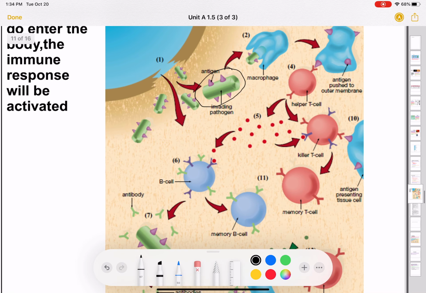So right here, these are the antigens, and these helper T cells, those are the ones that are going to sort of find the missing piece in the puzzle to click those together to help the body figure out what those antigens are.